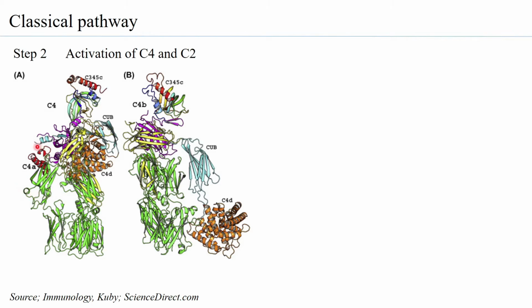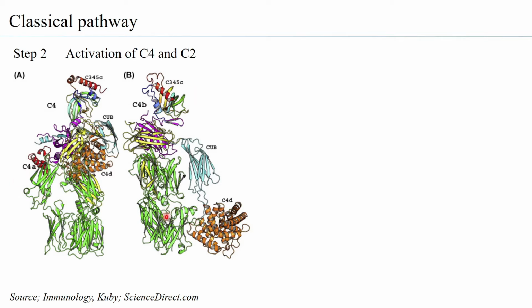So the C4a is removed from the N-terminus of the alpha polypeptide chain of C4. C4 basically has 3 polypeptide chains, alpha, beta and gamma, and it is the N-terminus end of the alpha chain that is cleaved off, and that region is C4a, and what remains now is C4b.